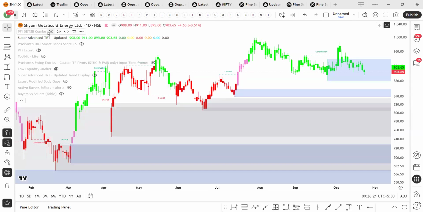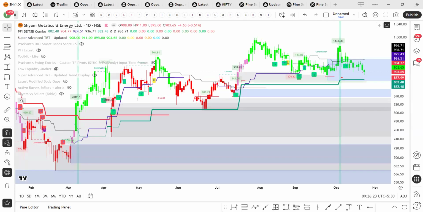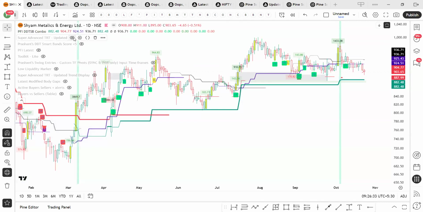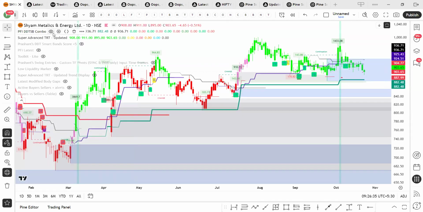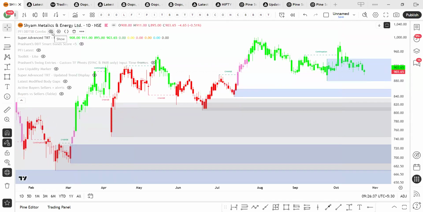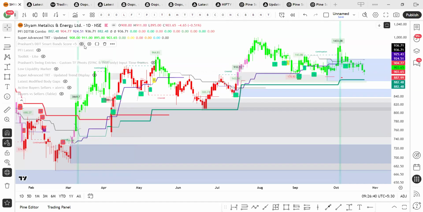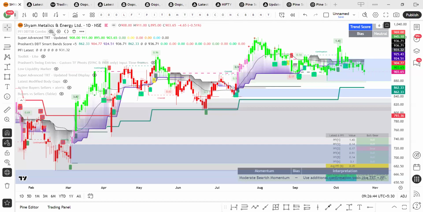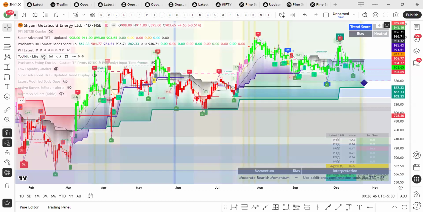So mostly you will see nowadays a chart like this. I have TRT on my chart and I have smart bands on my chart and PFI numbers. Either all these will be visible or just one of them, either this or this. So if you add a lot of indicators like this with a lot of things written like this, it will become very very difficult.